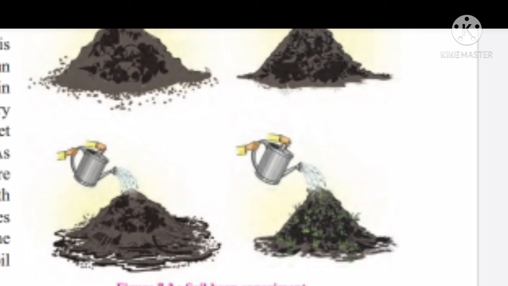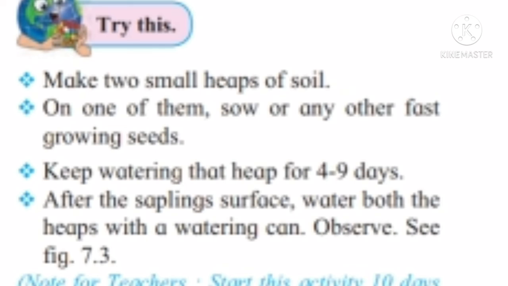And what is the change that you can see in the other heap of the soil which has no seed sown in it? You can see soil is washed away with the water which is poured on it. So this can tell us that plants growing on the soil help hold the soil towards it and they do not allow the soil to flow away.